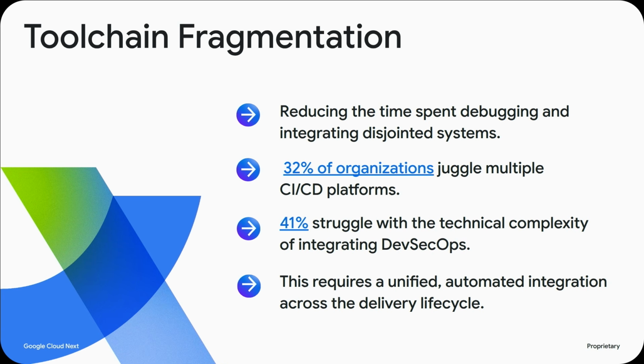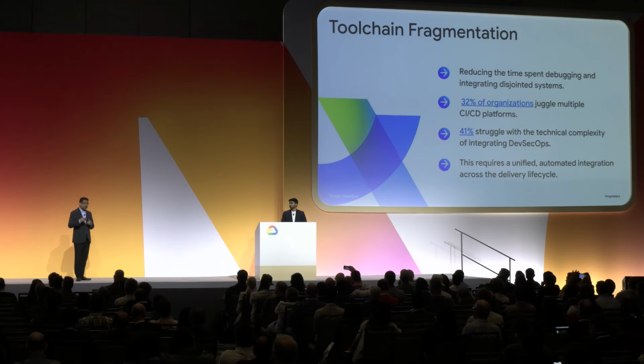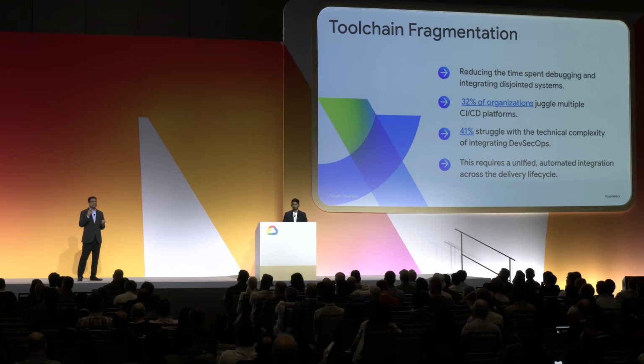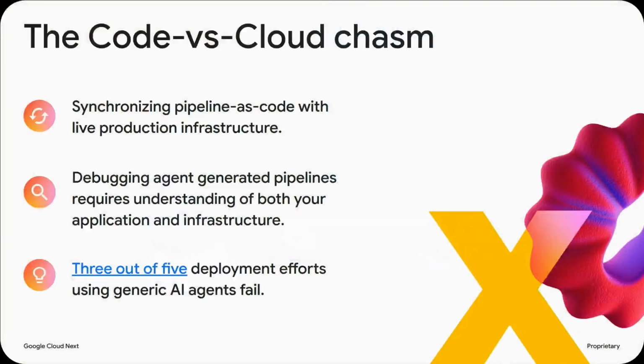Integrating with DevSecOps tooling is yet another problem. To resolve this, we need a unified, automated integration across the entire delivery pipeline. Connecting your pipelines and infrastructure as code to your live production environments is a tedious and manual process.